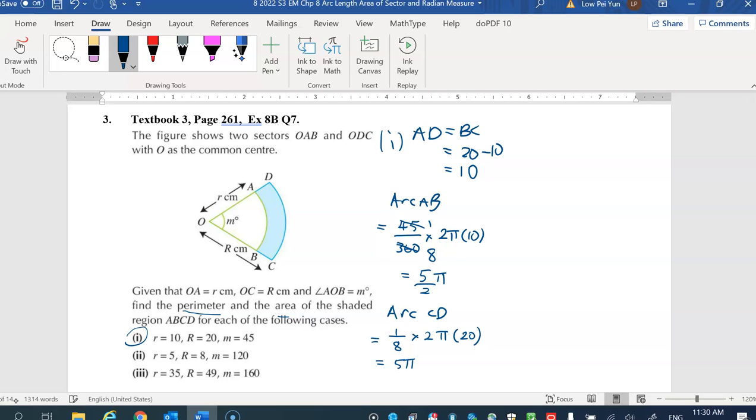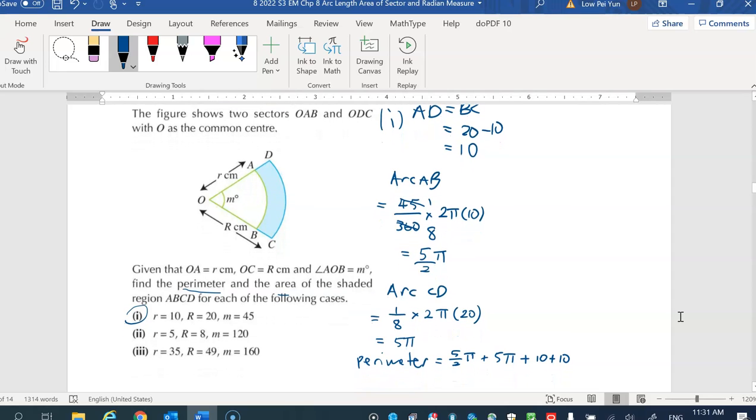So my perimeter for this part 1 is going to be 2.5 pi, which is 5 over 2 pi, plus 5 pi, plus 10 plus 10, because of the two little lengths here.